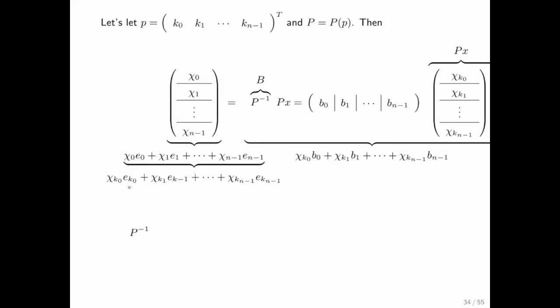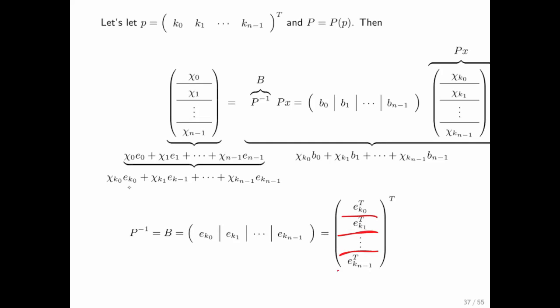So then we guess that P inverse is just this matrix B, which is just the unit basis vectors ordered in exactly the order indicated by the permutation vector. Notice that that's the same as the transpose of those unit basis vectors written as rows. And then this we recognize as our matrix P, and therefore we conclude that the inverse of a permutation matrix is simply its transpose.